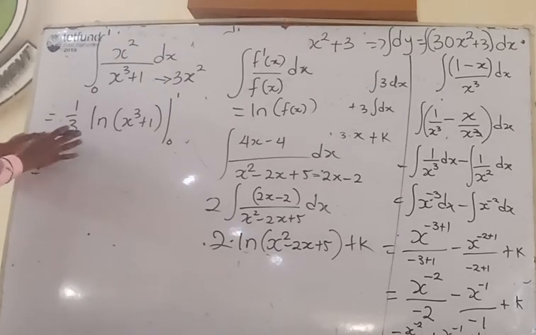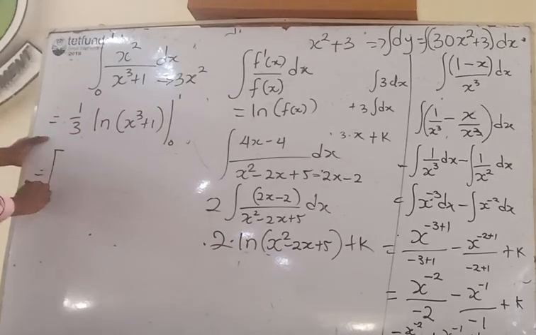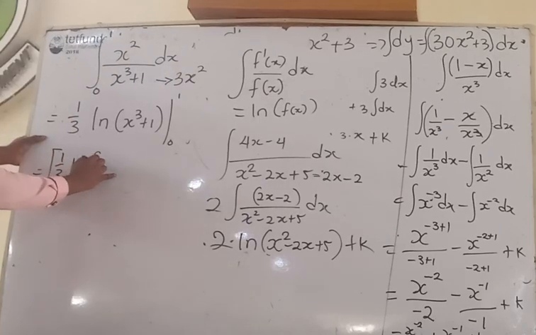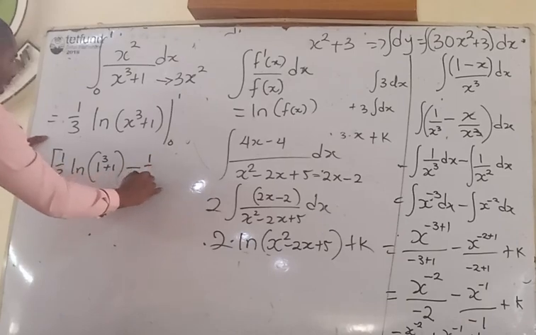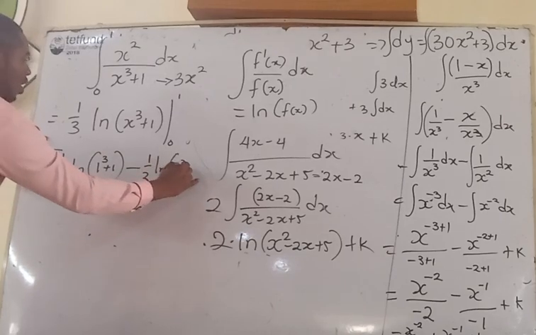It simply means inside all this place, I'm going to put 1 for x. So I'm going to get 1 upon 3 ln 1 cubed plus 1 minus, anywhere I see x, I'm going to put 0. So we have 1 over 3 ln of 0 cubed plus 1.